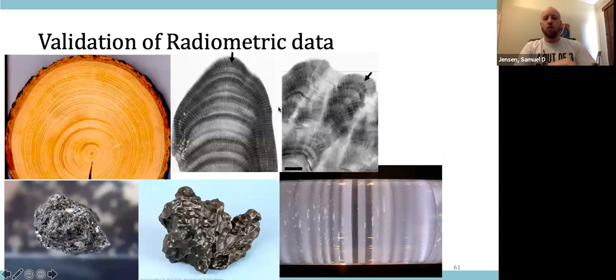Right? Some other ways that we look at radiometric data. So not specifically for dating the Earth, but there are other ways when we're looking at, say, a fossil or, say, an archaeological dig that has unearthed some artifact, right?